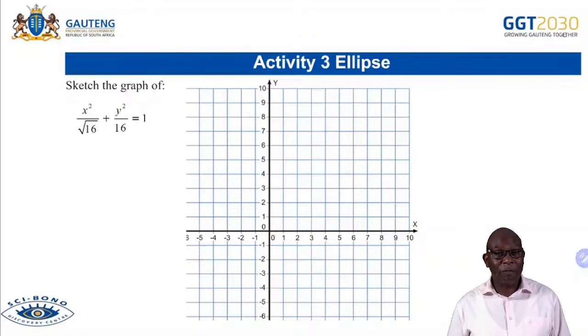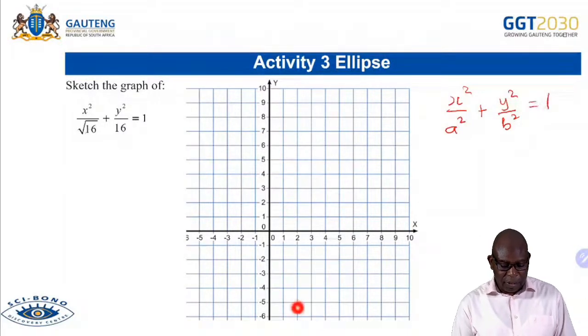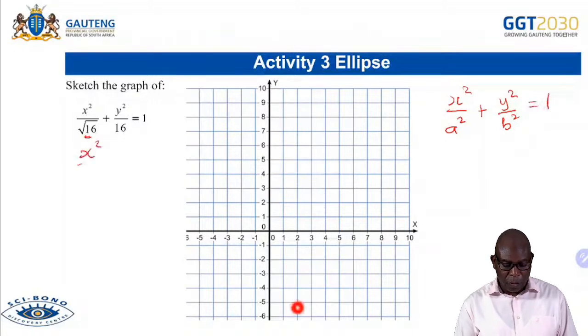If I go to my formula sheet, I'll see that the formula is x squared over a squared plus y squared over b squared equals 1. So I can first check this one. The square root of 16 here, it's x squared over 4 plus y squared over 16 equals 1.